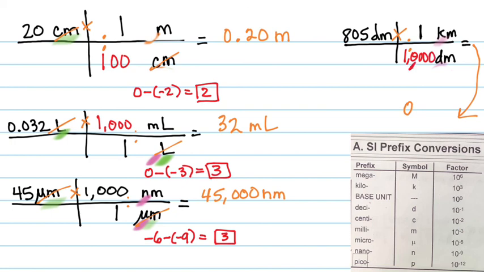So the comma should be right there. So it's 805 divided by 10,000. It's supposed to have 4 zeros. So our final answer, 0.0805 kilometers.